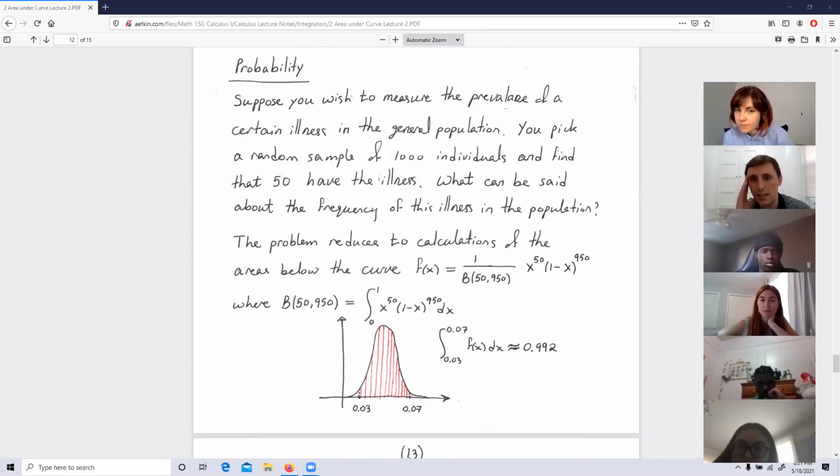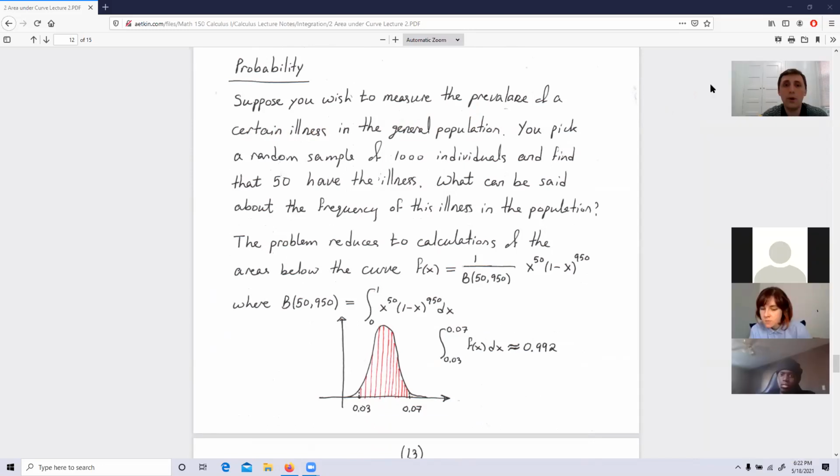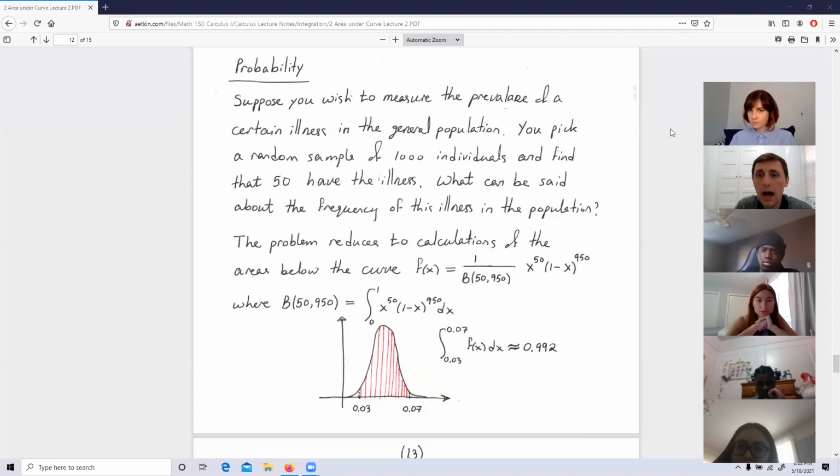You presume that there is a disease rampant in the general population, and you want to know how rampant. Let's say you gather 1,000 individuals, and you find that 50 of them have the illness. How do you extrapolate to the population? How many people within the general population have that illness?